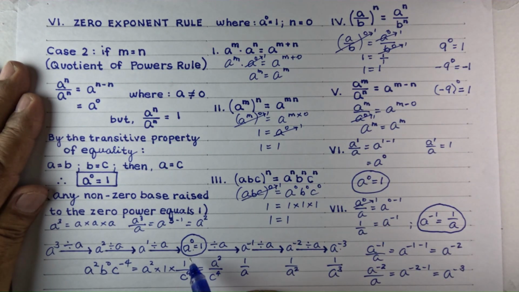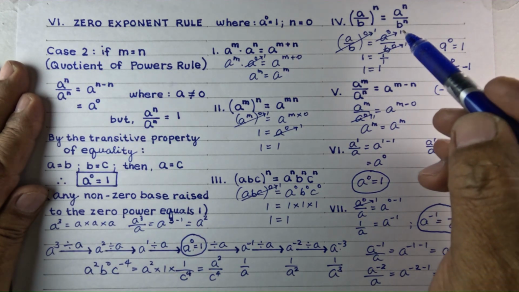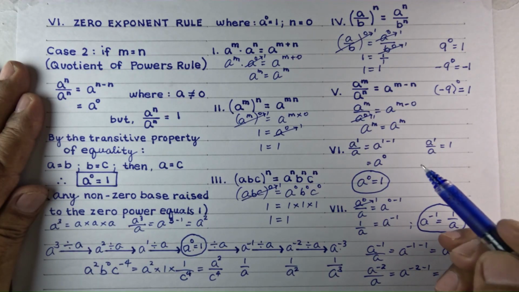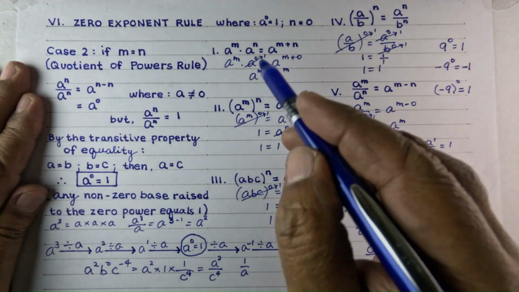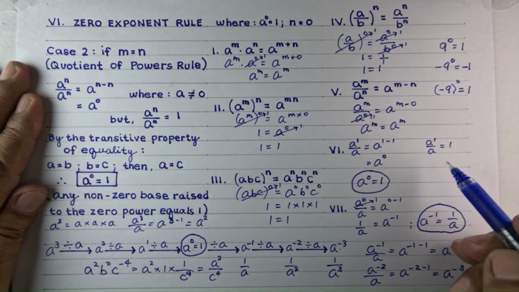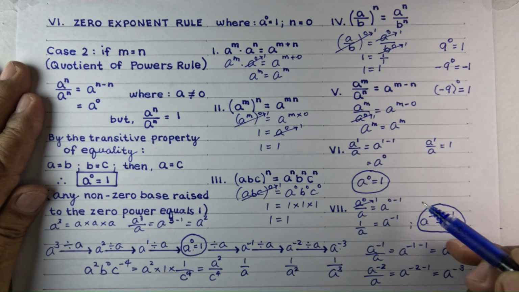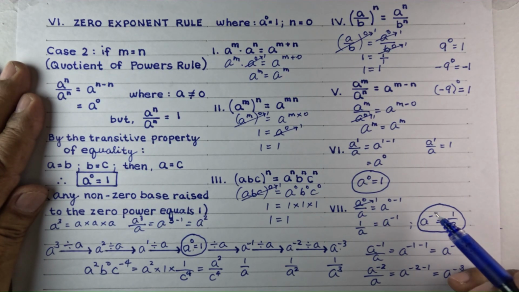So a to the 0 equals 1 serves as the unifying link of the entire exponent system. Without it, the continuity between positive, 0 and negative exponents would fall apart. It made all 7 laws of exponents consistent, complete, and unbreakable.